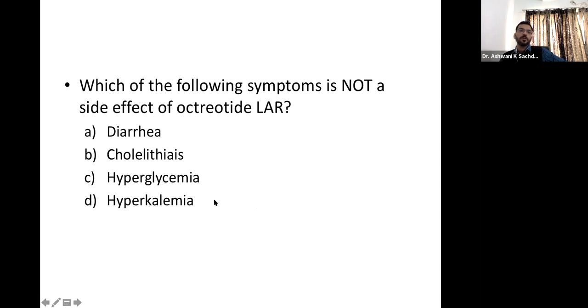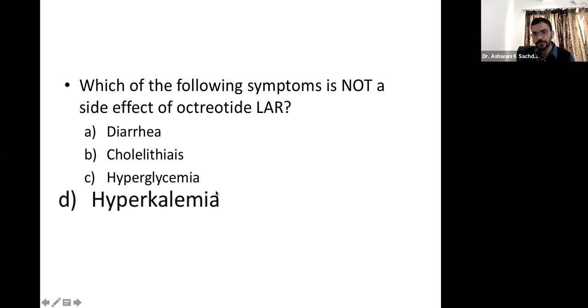Decreased release of glucagon causes hypoglycemia. Cholelithiasis can occur due to cholestasis, and diarrhea sometimes occurs as a side effect of octreotide because of exocrine insufficiency of the pancreas. So there is steatorrhea and diarrhea occurs. So the answer in this case is hyperkalemia.